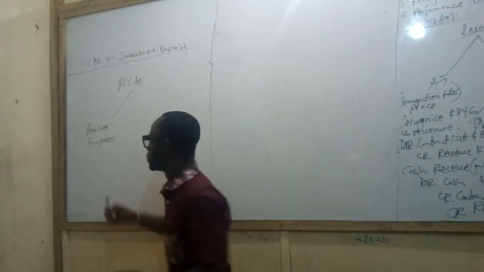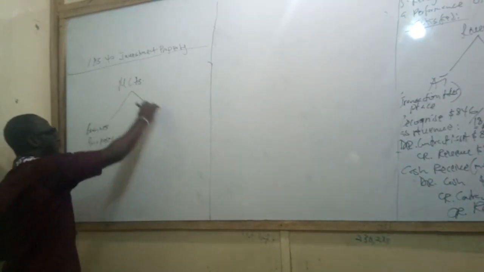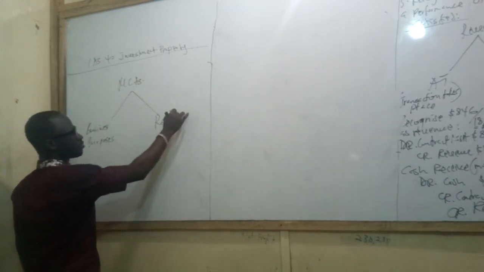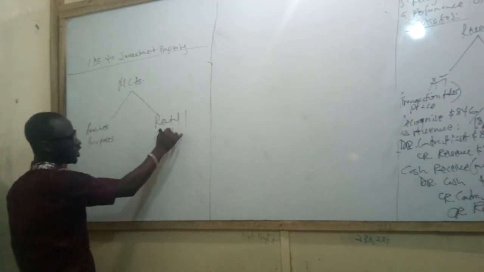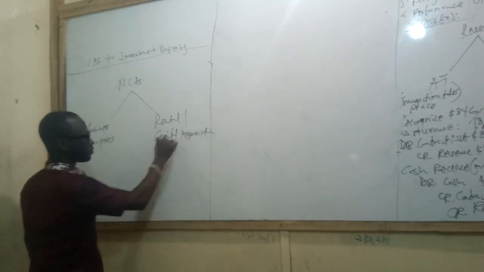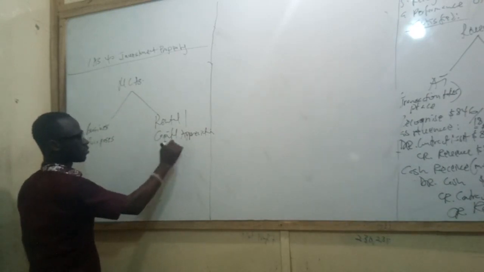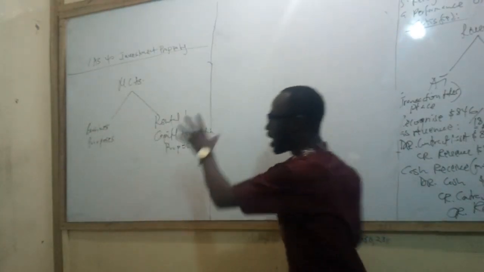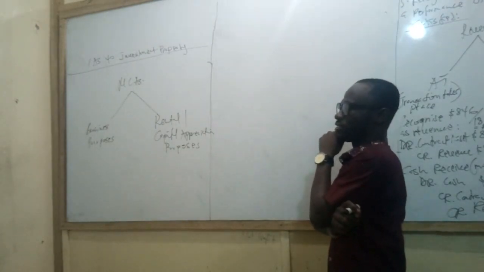So for business purposes. Another way we could carry non-current assets is either for rental or capital appreciation purposes. So these are the two ways a company can carry its non-current assets.